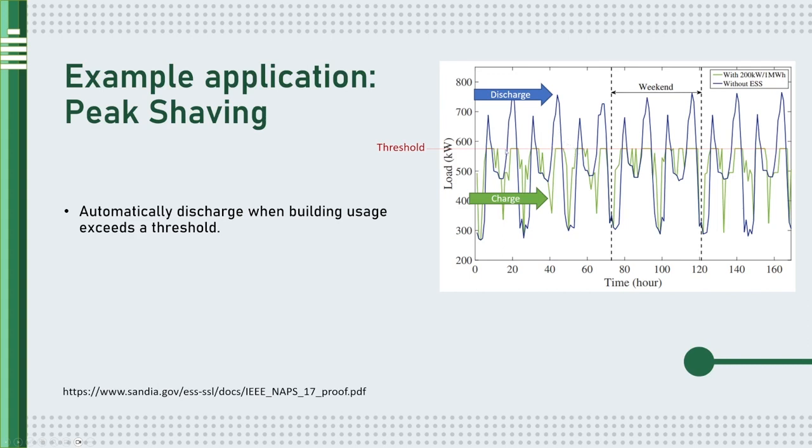Because this is a little bit of a guessing game. If you set this threshold too high and you don't use all the power of your inverter, or you don't use all the energy in your battery, you've left money on the table because you've let the utility charge you for a threshold up here when you could have only been charged for a threshold down here.